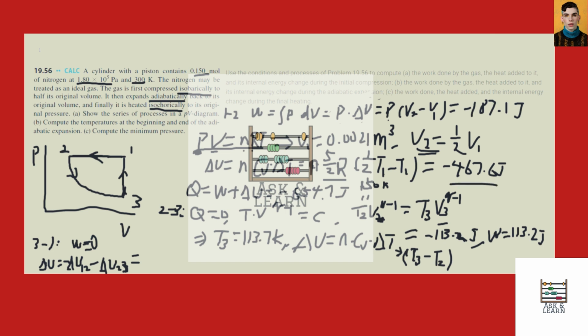Delta U 1 to 2 we found here, and delta U 2 to 3 is the one we found here. So just add these two numbers together and make it opposite.